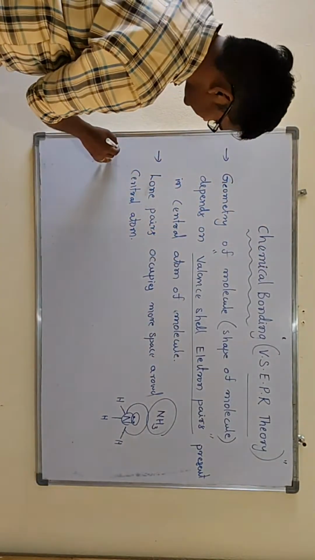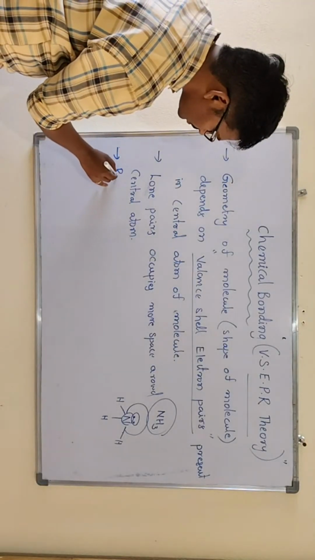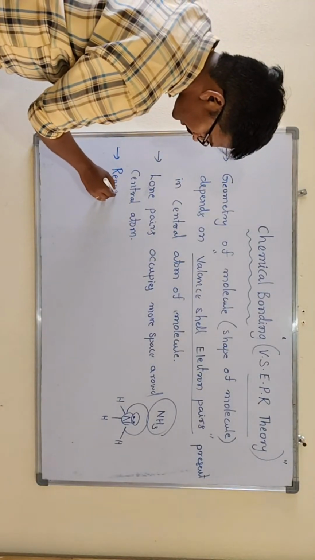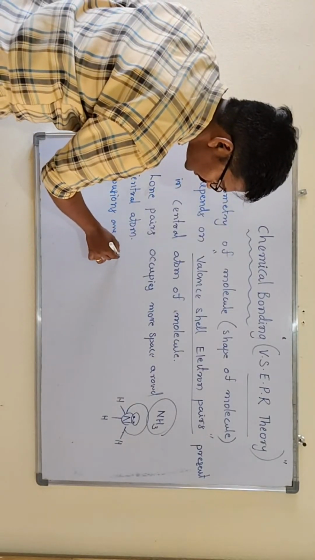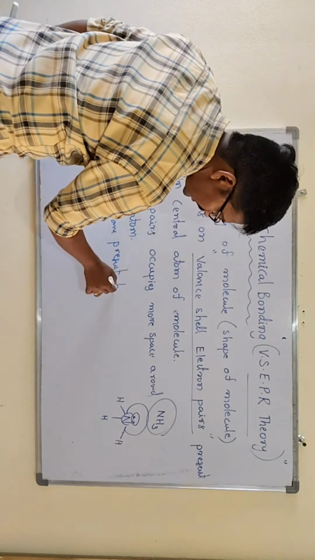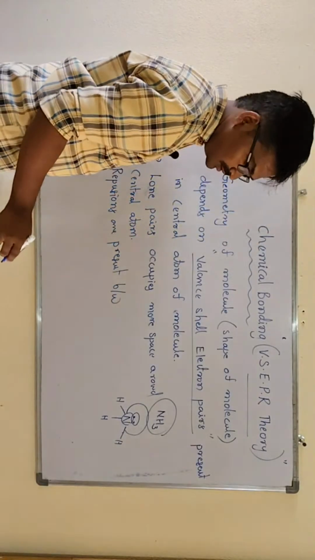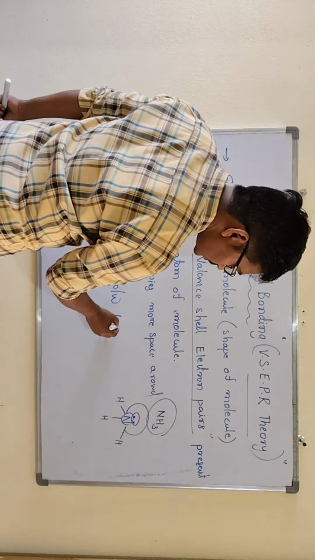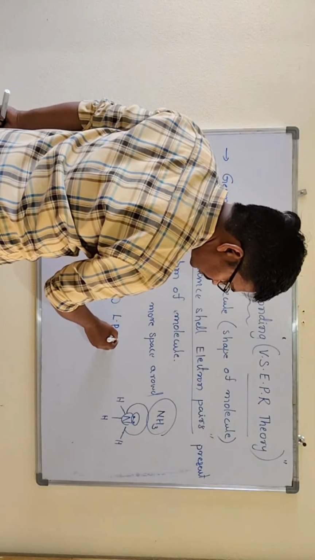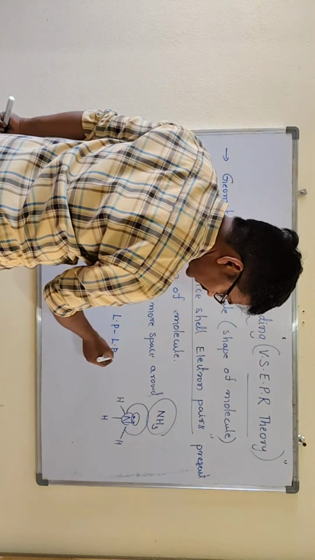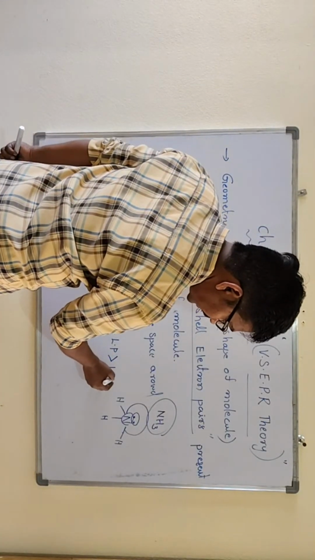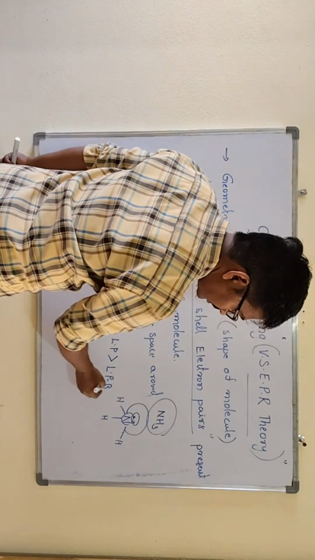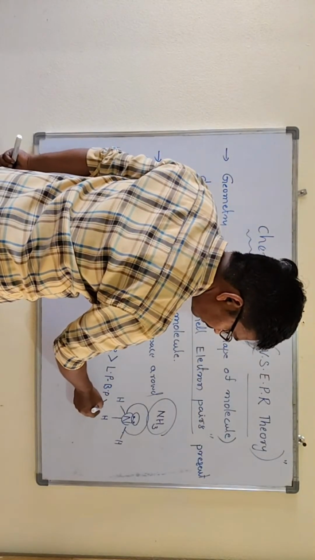The next, repulsions are present between lone pairs. Repulsion between lone pair and lone pair is greater than that of lone pair and bond pair, which is greater than that of bond pair and bond pair.